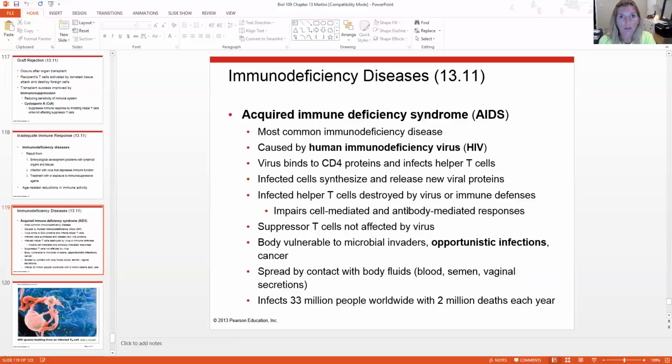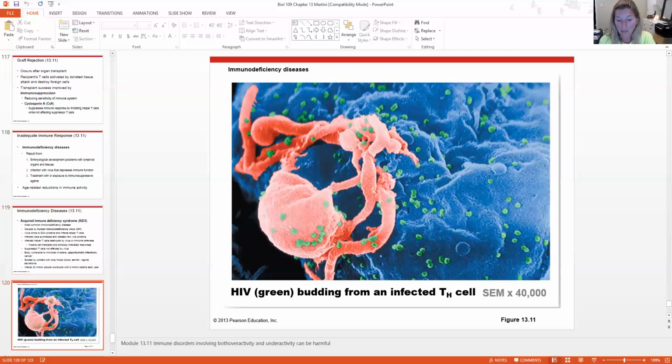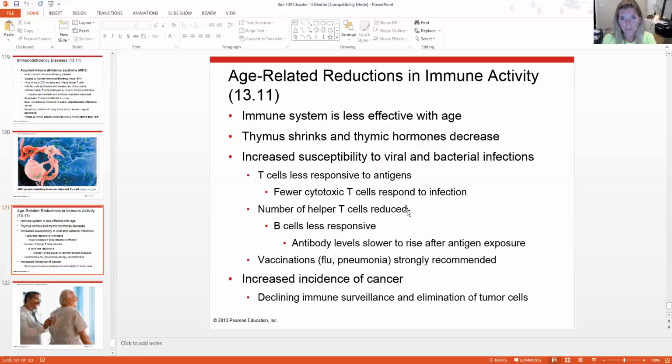So it's a relatively new disorder when we are looking at viruses that have had such a wide impact on our lives. It affects 33 million people worldwide and causes 2 million deaths per year. There's HIV coming out of an infected T cell.